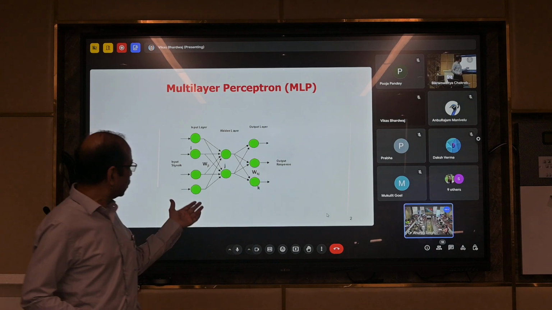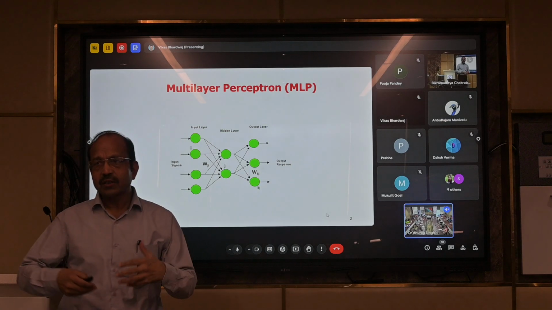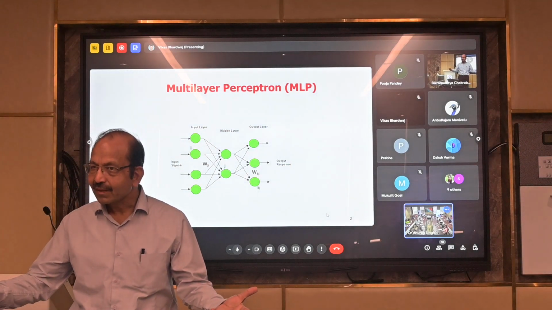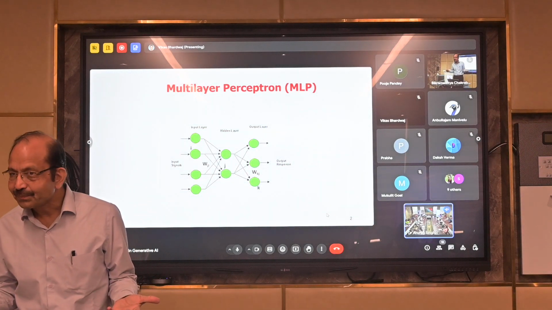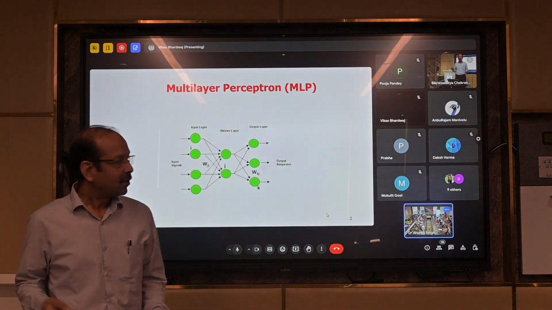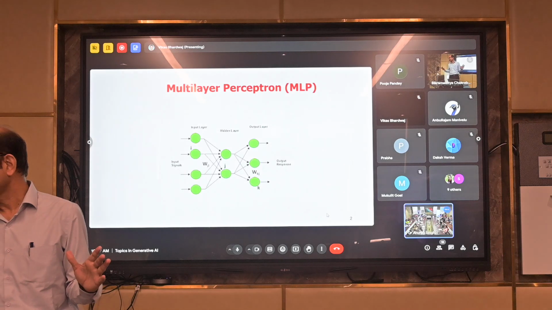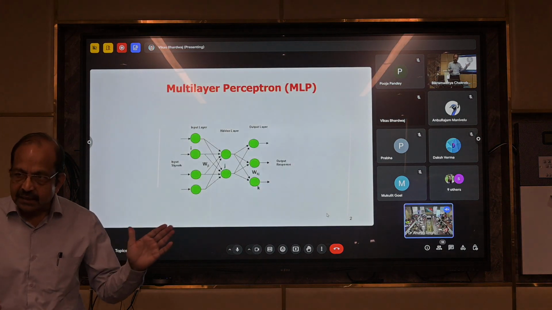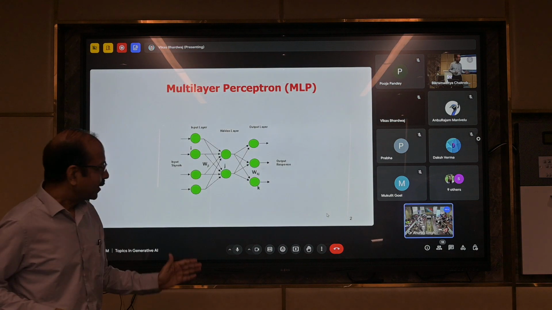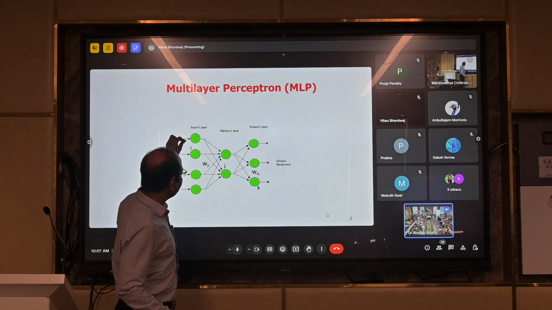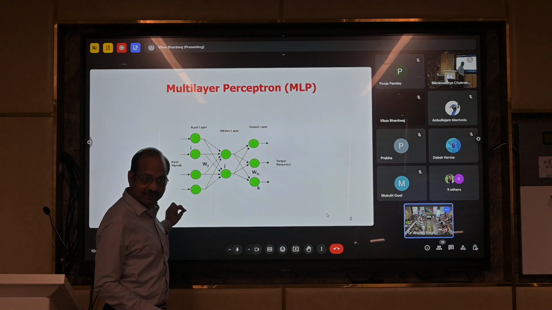Initially you are given training samples, and you don't know what these weights are. What do you do? You start with random weights, and then you pass the sample. Let's say the input is given by x1, x2, x3, up to xd.